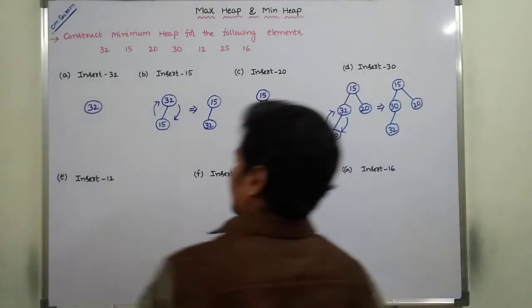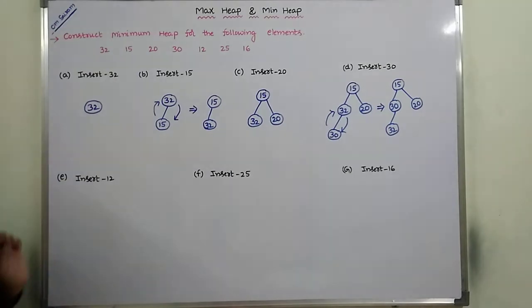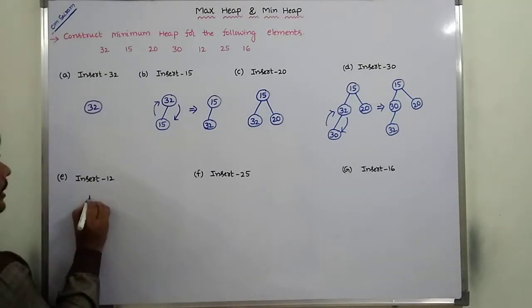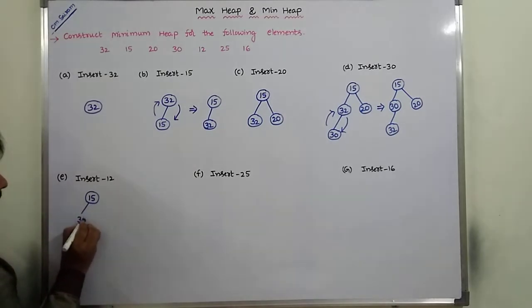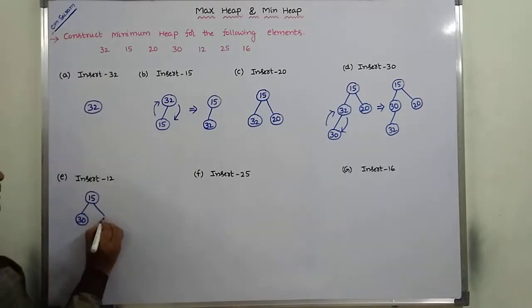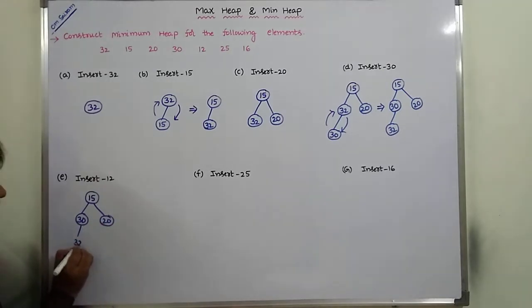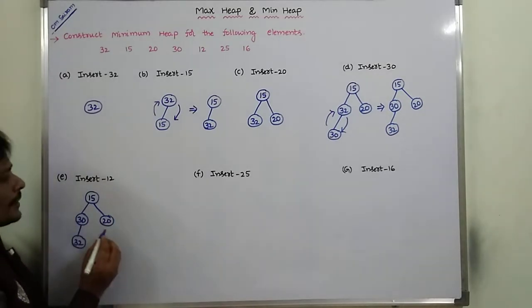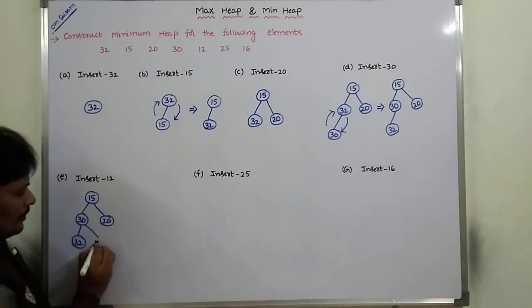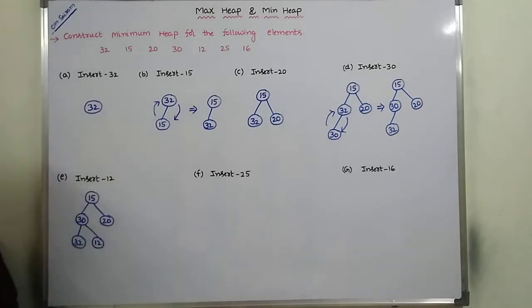Next, insert 12. Before inserting 12, the existing minimum heap is this one. Now, 12 can be inserted as the right child of 30. After inserting 12, does it satisfy the minimum heap property or not?